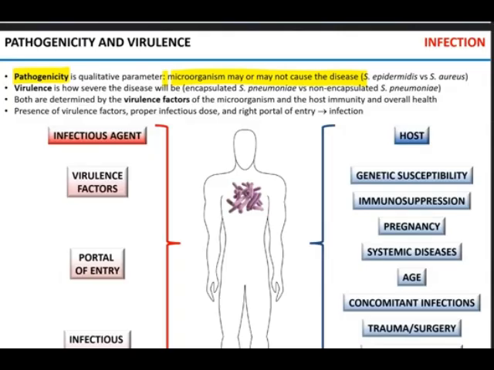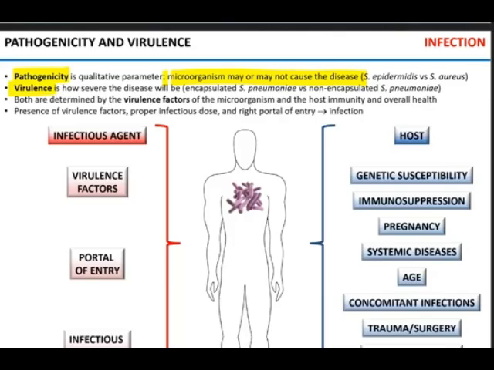So let me ask you this. Ebola virus, can it cause a disease? Streptococcus pneumoniae, can it cause a disease? Yeah, they're both pathogenic. Now, if somebody would ask me, choose one, it would be strep pneumoniae, because Ebola is much more virulent.